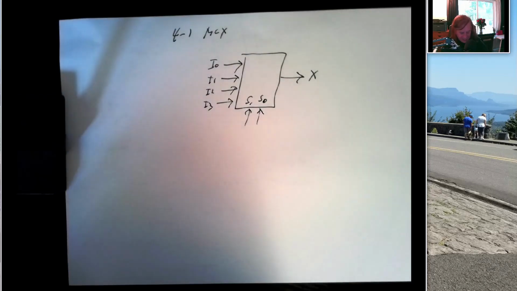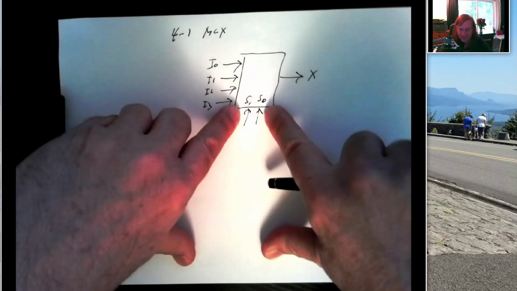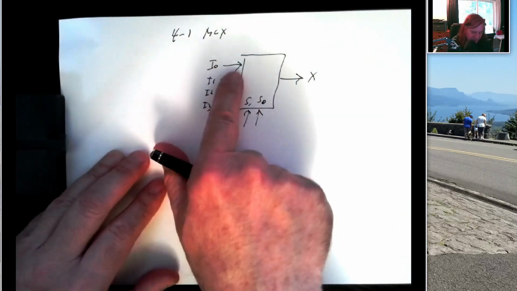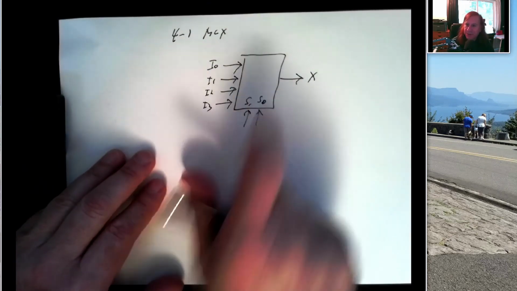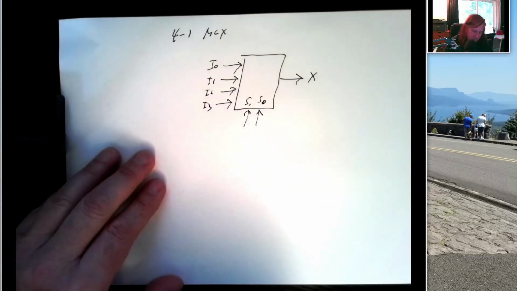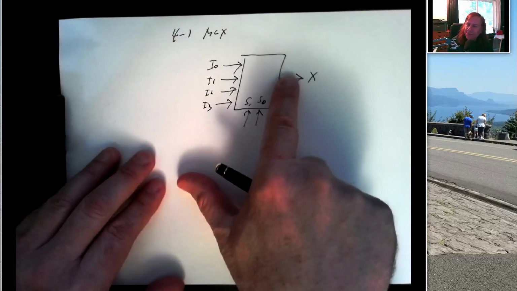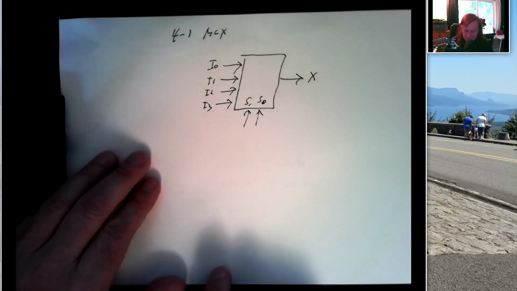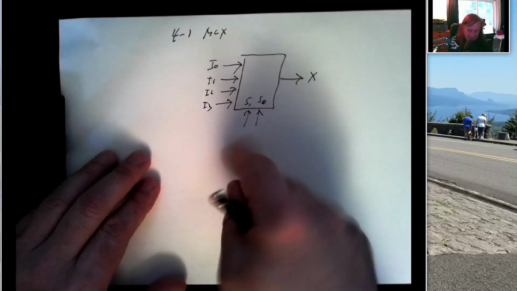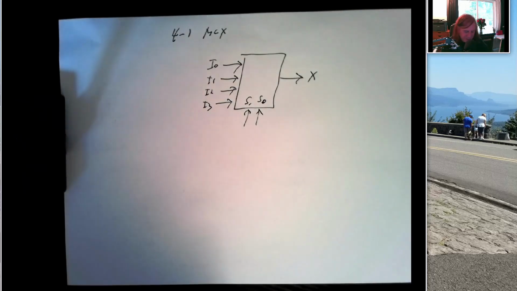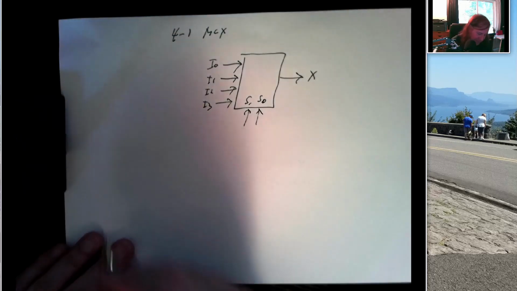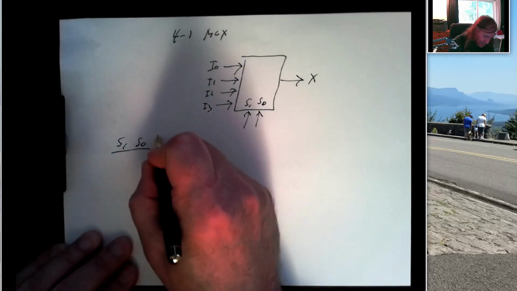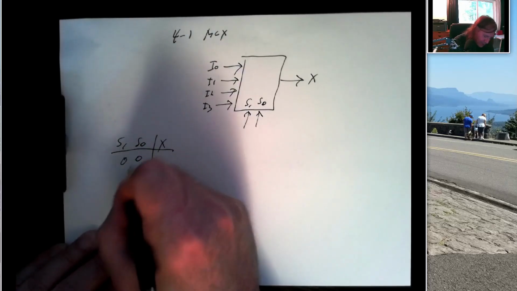And the idea is, if we think of these select lines as a 2-bit binary number, if the number we input is 0, then I0 gets connected to the output. If the number we input is 1, I1 gets connected to the output, and so on. Now, if we write this as a truth table, we've got 6 inputs, 64 rows in our truth table. Very confusing. We can write this instead as a compressed truth table that looks like this.